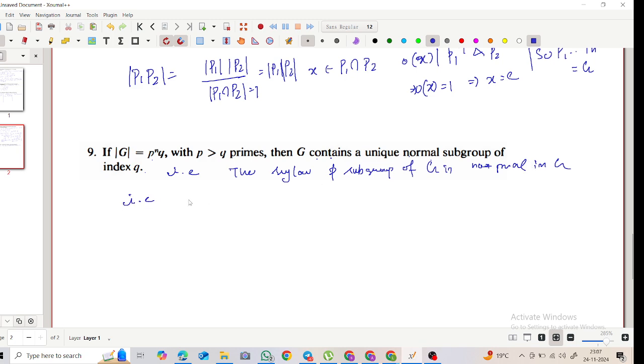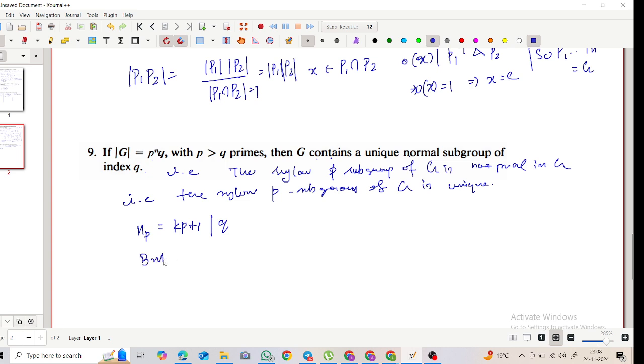That is, the Sylow p-subgroup of G is unique. Right? So what is the number of Sylow p-subgroups? I mean n_p is of the form kp plus 1, na? n_p is of the form kp plus 1, right? Which divides q, right?